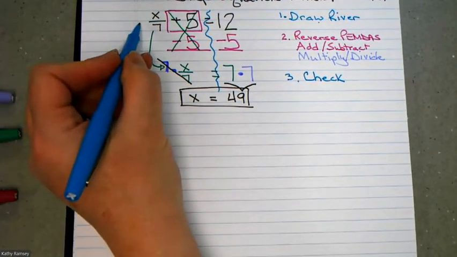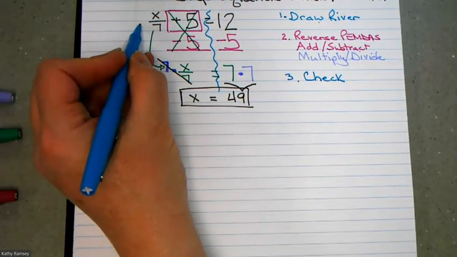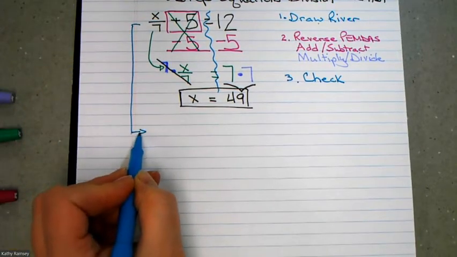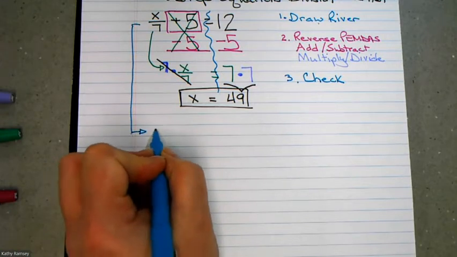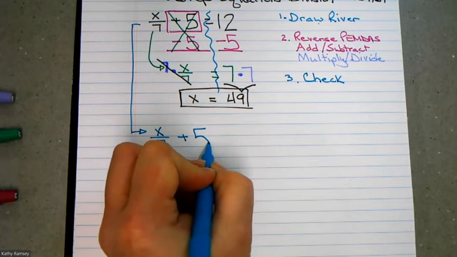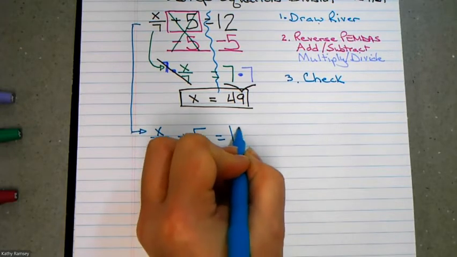So we're going to take this equation and bring it clear down here. And we're going to say x over 7 plus 5 equals 12.